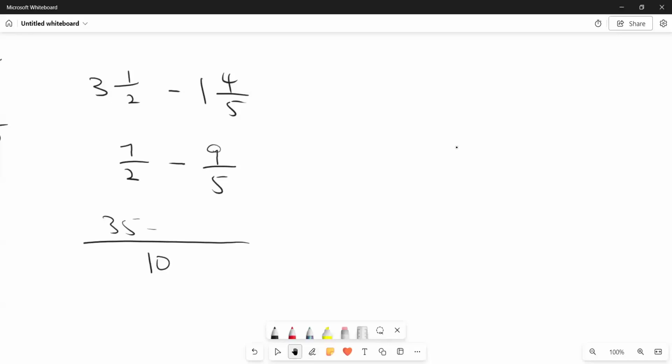You'll end up having some big numbers. 5 into 10 is 2, 2 times 9 is 18. So you should have 17 over 10, which is 1 and 7/10. So those are different approaches to the subtraction.